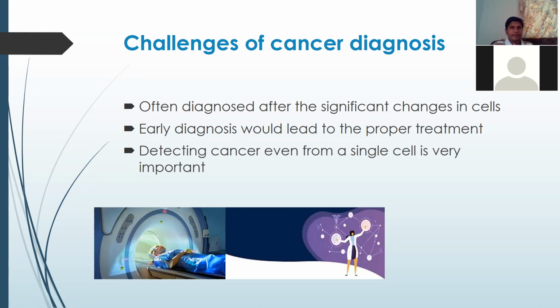This would be very effective rather than diagnosing once they have developed so many cancerous cells in the form of a tumor. So early diagnosis, and diagnosis from very early changes in the cells, is very important in the treatment of the cancers.